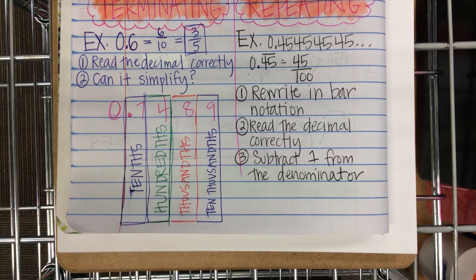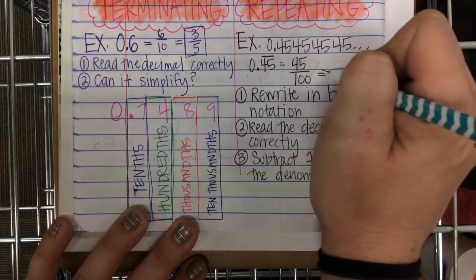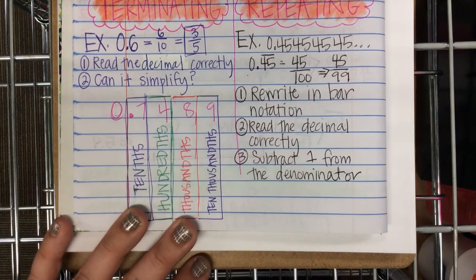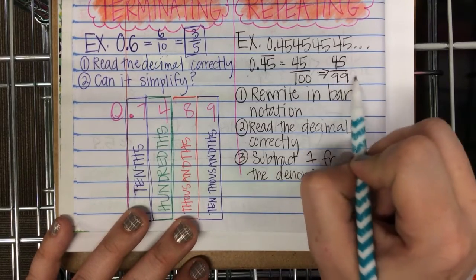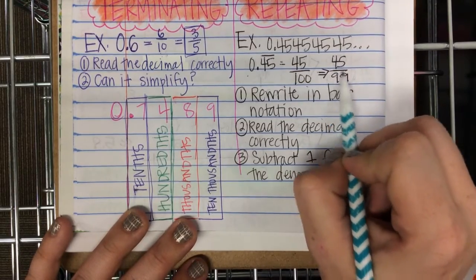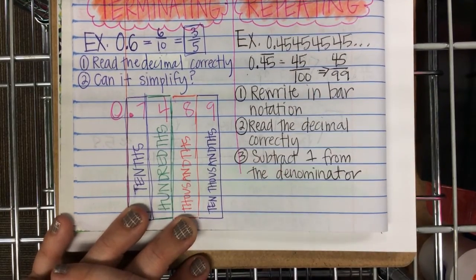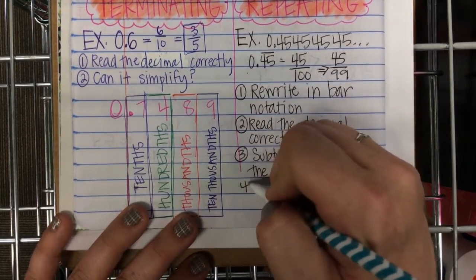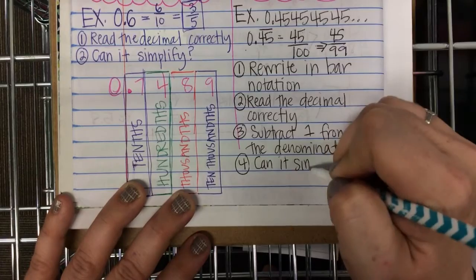That's the trick to repeating decimals. So instead of it being 45 hundredths, it becomes 45 99ths. Why do you subtract? Because this value down here, 99ths, a denominator of 9s, indicates that it's a repeating decimal. Every single time. And then, of course, we go back to our last step, which should always be, can it simplify?